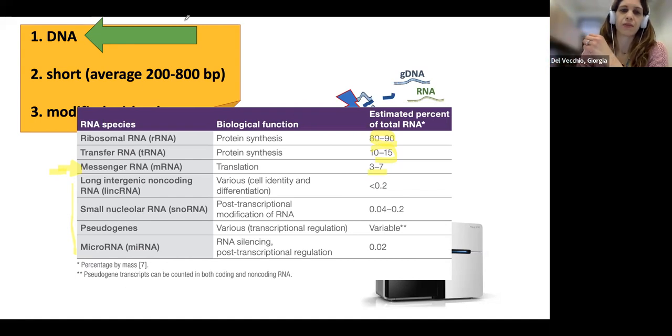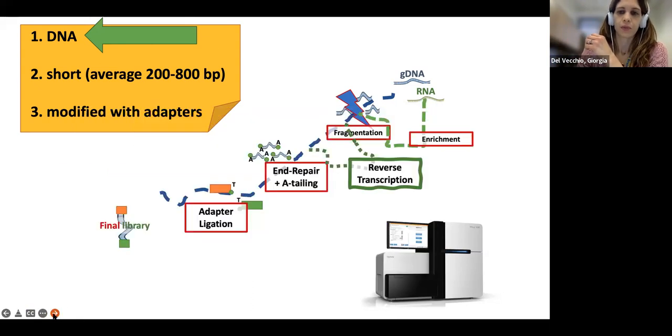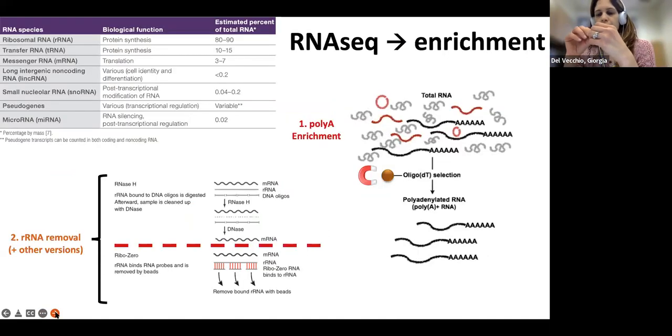We actually have different options here. We need to enrich our total RNA for what we are interested in, using oligo-dTs or the downstream too. So let's say that we are interested in messenger RNA. We can perform a poly-A enrichment.